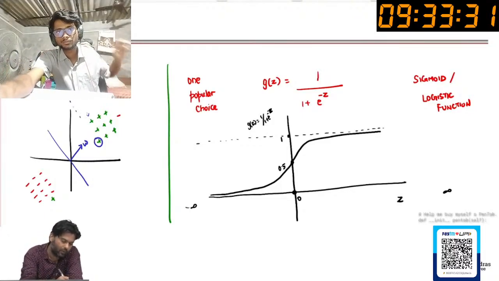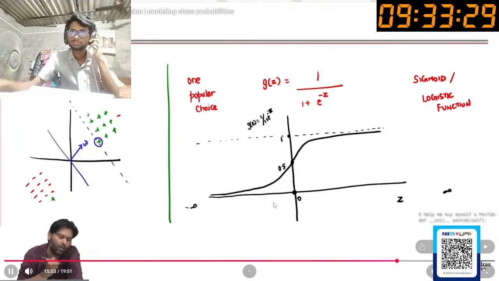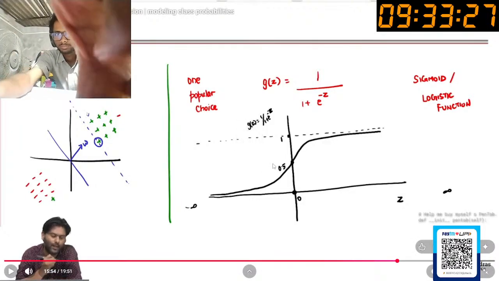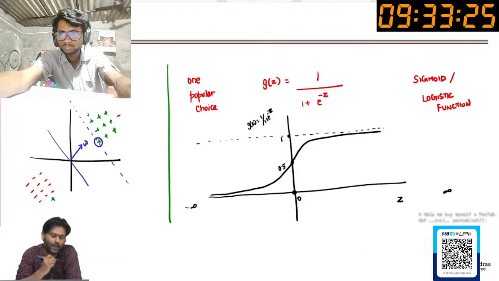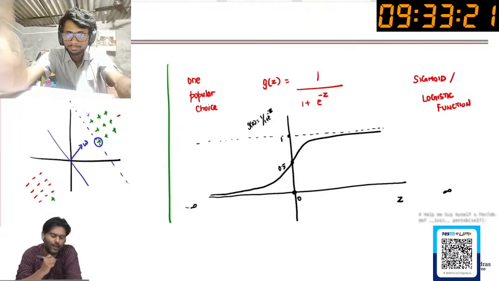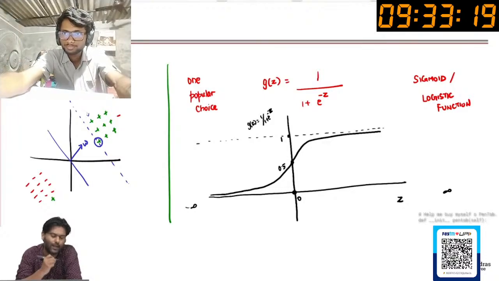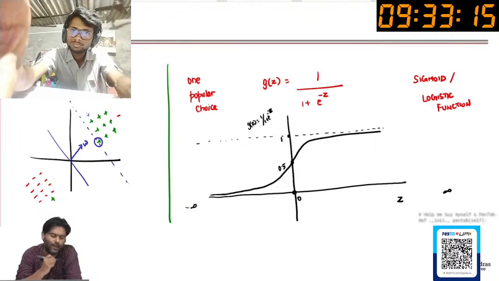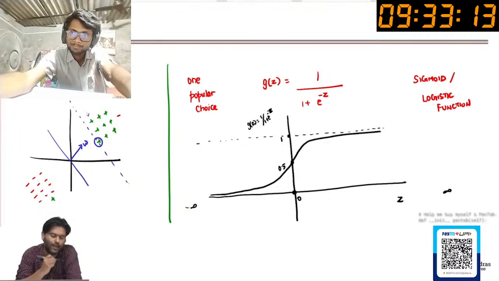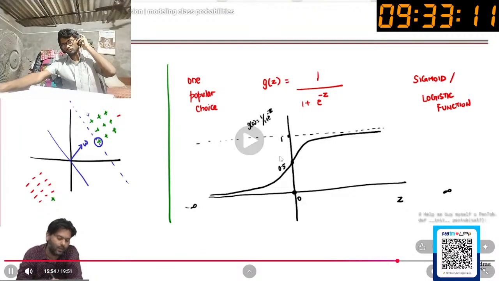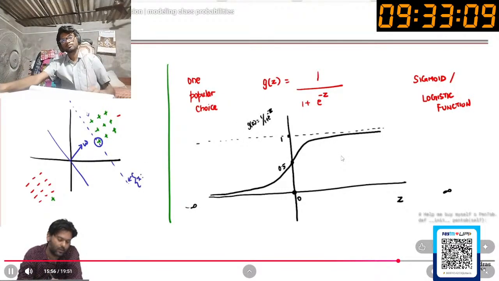Because this point falls, with respect to this W, on this line. And this line is just the set of all x such that, let's say, W transpose x is 1.